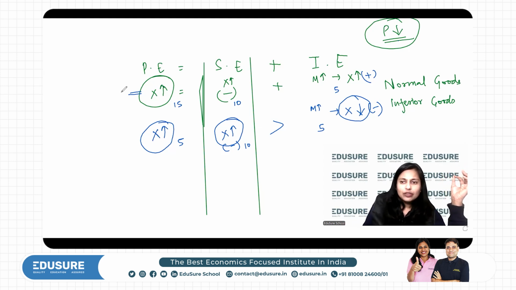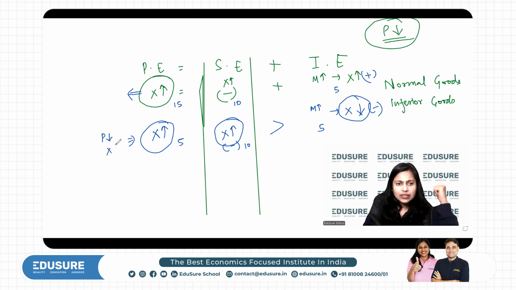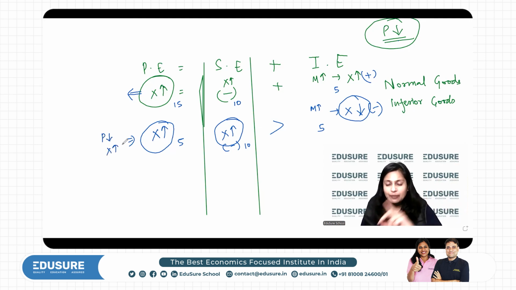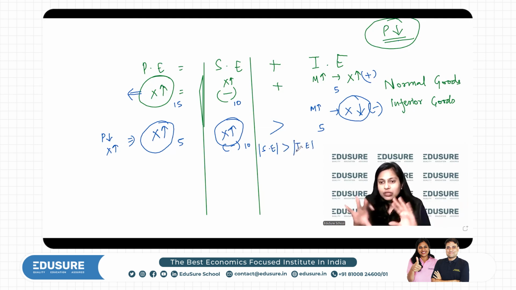So for the normal good, the law of demand works. The demand curve is downward sloping. For inferior goods, also the law of demand works. When price falls, X rises. The quantum is less, but it is still there. So for inferior goods, the strength of the substitution effect is more than the strength of the income effect. They are both taking X in opposite directions, but the strength of the substitution effect is larger.